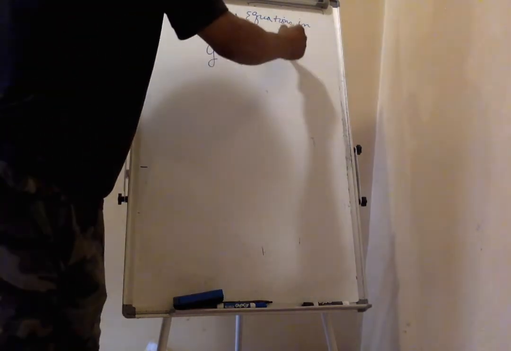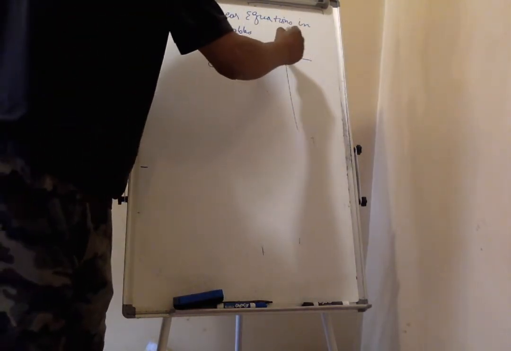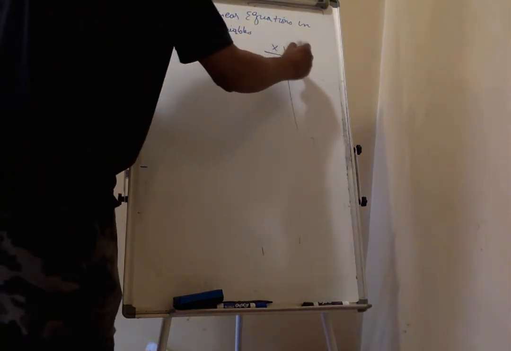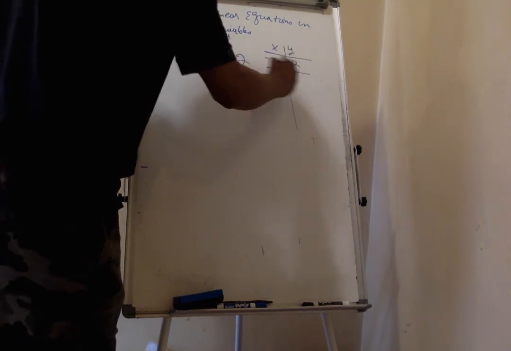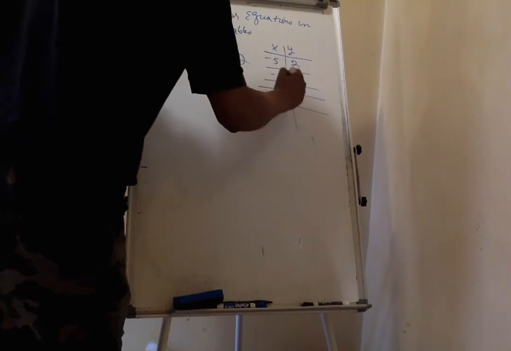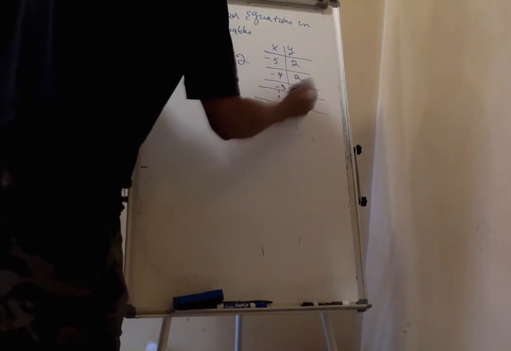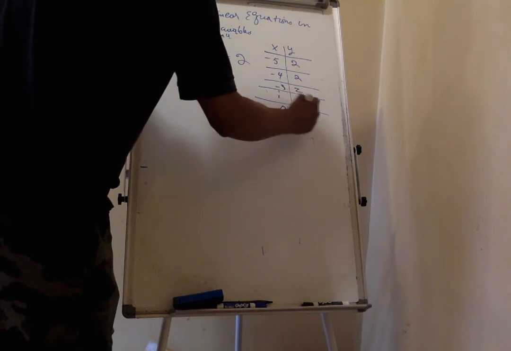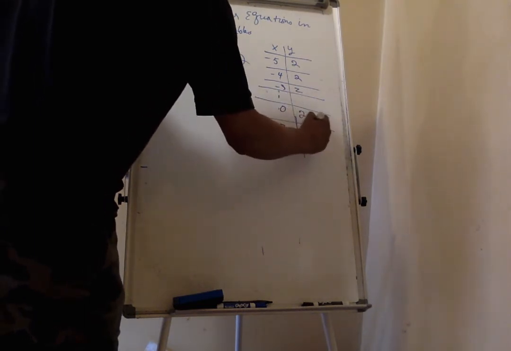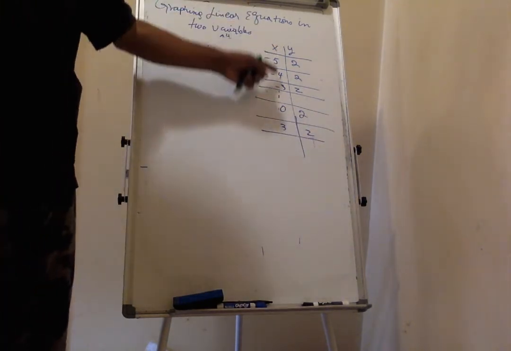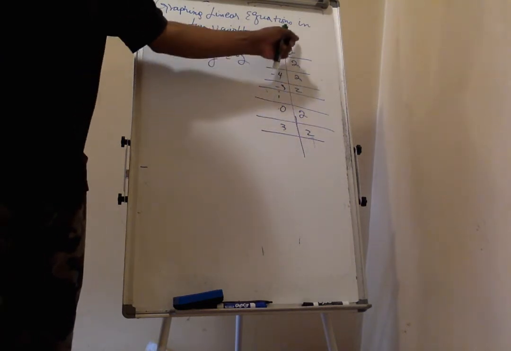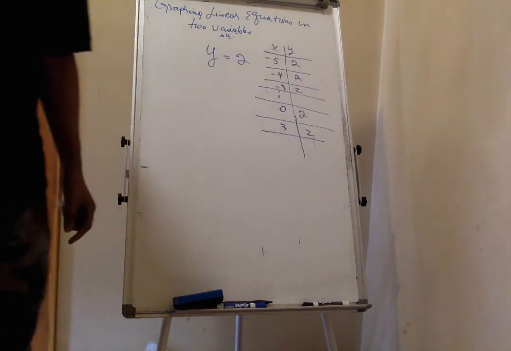So if I draw a table of x and y, it is -5, 2; -4, 2; -3, 2; and if x is 0, y is also 2. If 3, it is 2. Meaning, you can have all values of x between -infinity and +infinity, but the value of y remains constant.